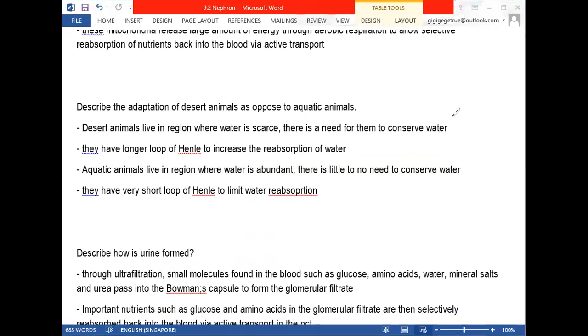Because if the loop of Henle is longer, then you can absorb more water, as compared to another loop of Henle which is shorter. You can only absorb possibly half the amount of this. Okay? So you can follow this way of answering.